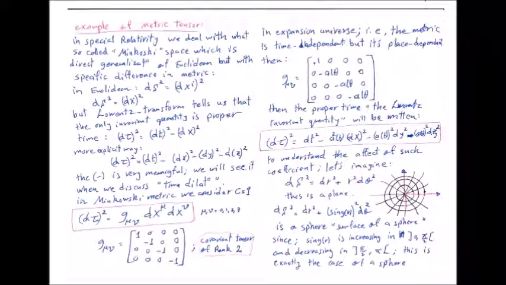So half of it increases and half decreases, which is exactly the case of the surface of a sphere. And if instead I take ds² = dr² + exp(r) dθ², then this will be a horn. It starts from 0 at r = 0 and then increases very fast, like a horn.